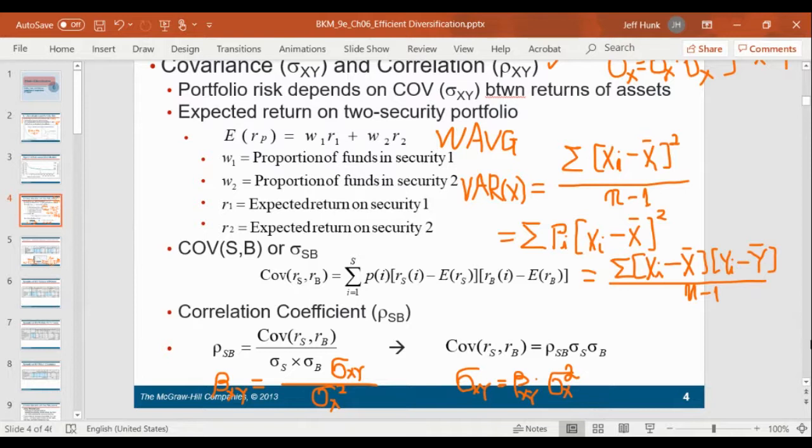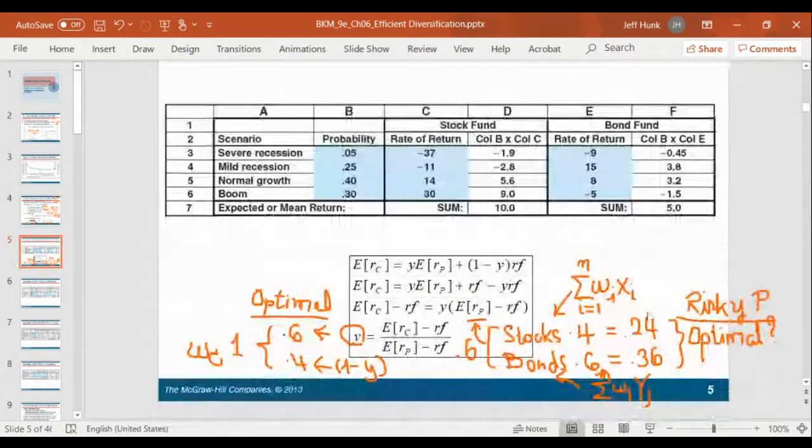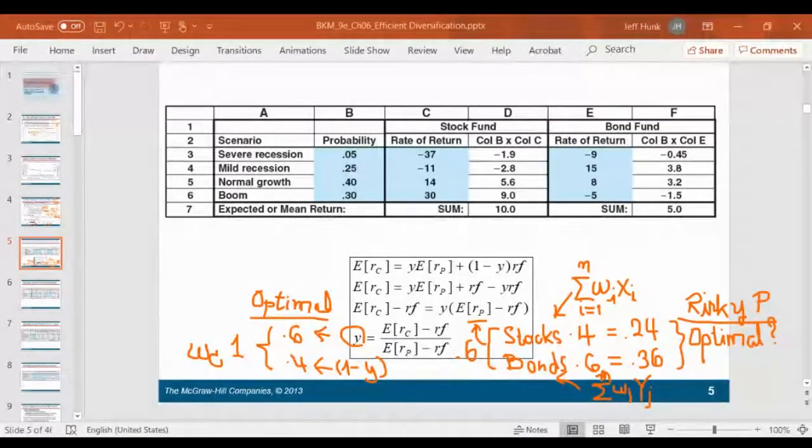Now, with that in mind, let's do this example. This example is nothing new. We remember this example from chapter 5, right? But this time we have a stock portfolio and a bond portfolio, and we will find the weighted average.